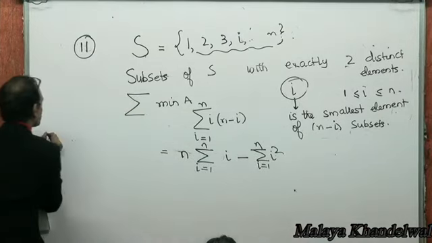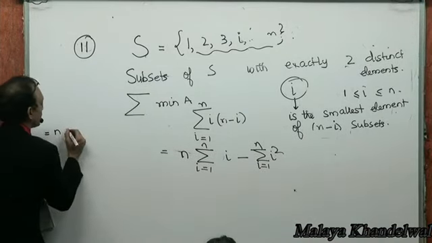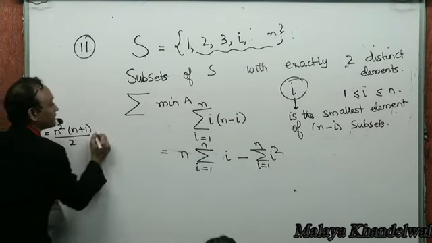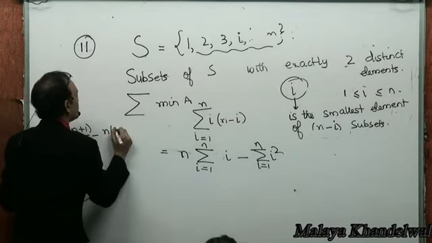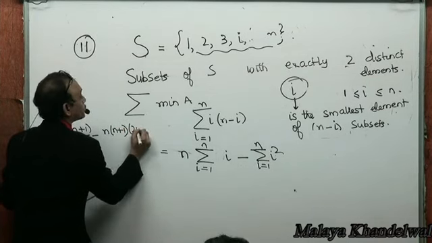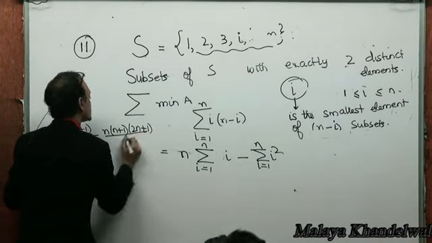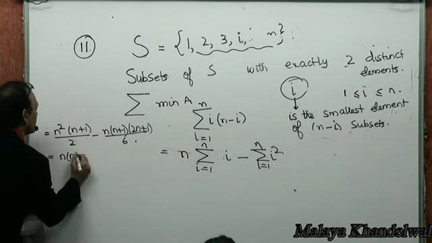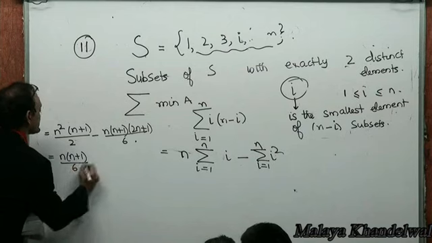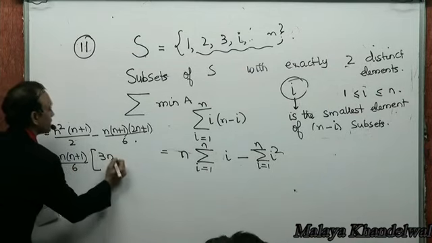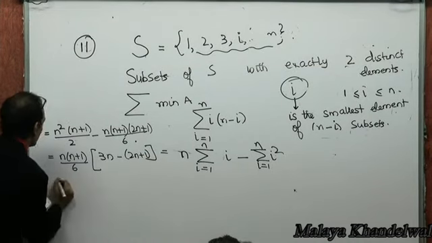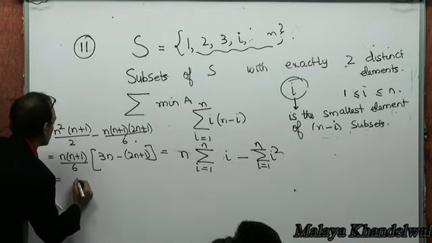So this becomes n into n plus 1 by 2 minus n into n plus 1 into 2n plus 1 by 6, which is n into n plus 1 by 6 times 3 minus 2n plus 1, which is n minus 1.